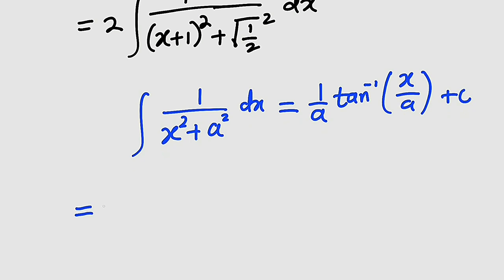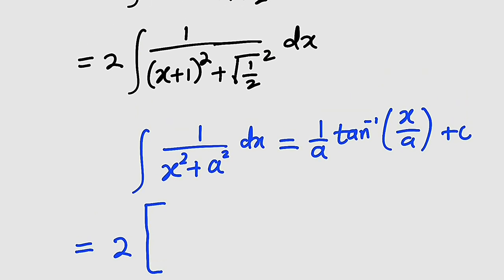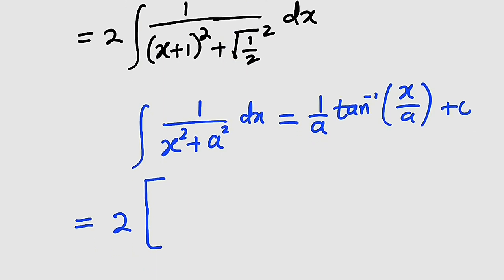So it will be equal to 2, which we have as constant. Then it will multiply the whole of this. What is 1 divided by a? It will be 1 divided by, this is our a, because we have a squared. So it will be 1 divided by root of 1 divided by 2, multiplied by arctan of what? x divided by a.